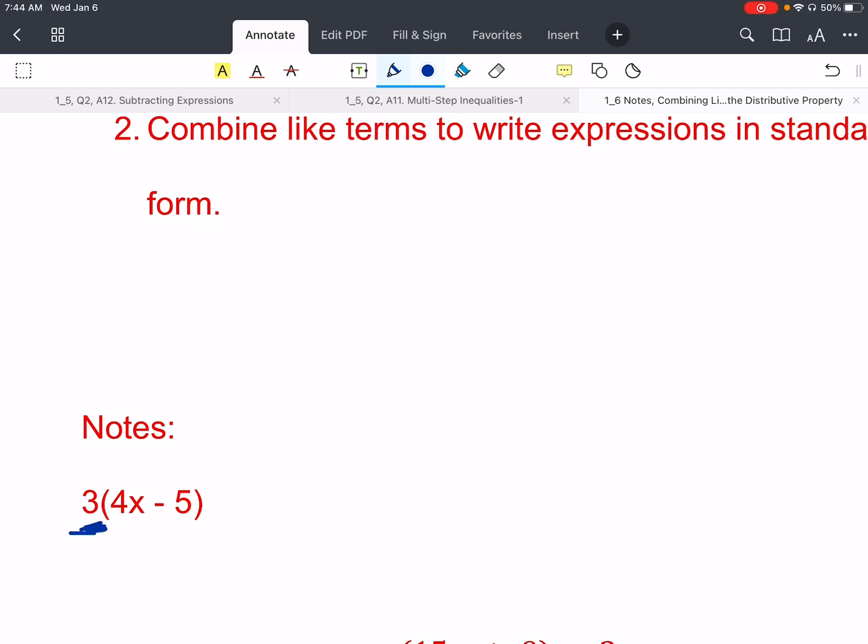In order to simplify this and get this in standard form, we are going to be multiplying the number outside of the parentheses by everything inside the parentheses. So we're multiplying the 3 times 4x, which gives us 12x, and the 3 times a negative 5, which gives us a negative 15. And now we are in standard form.